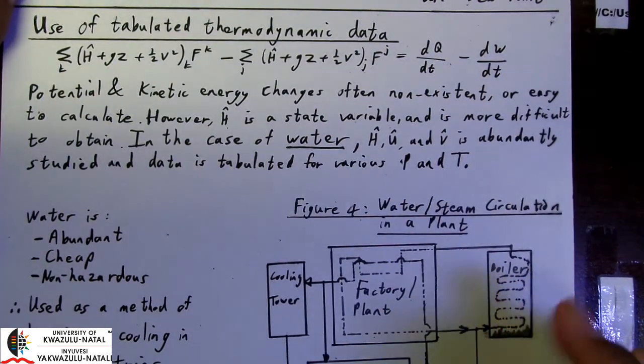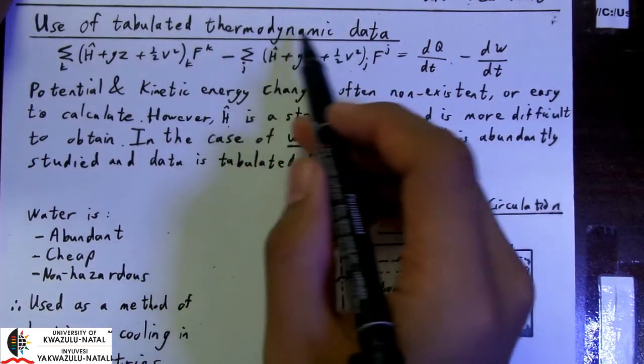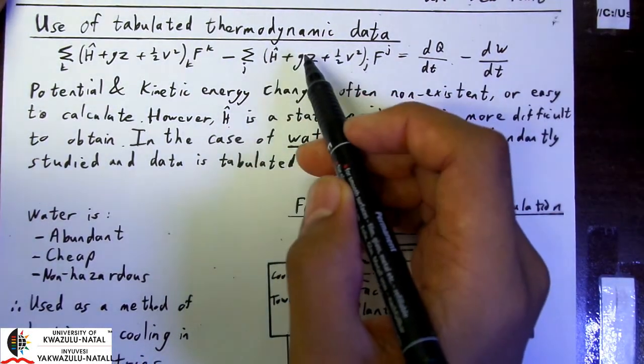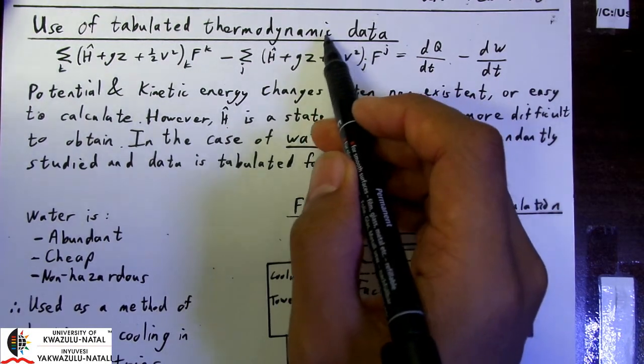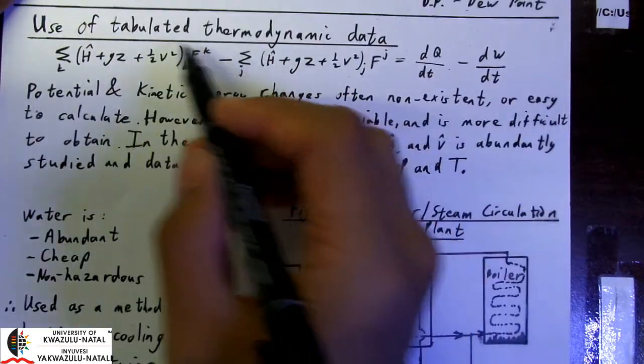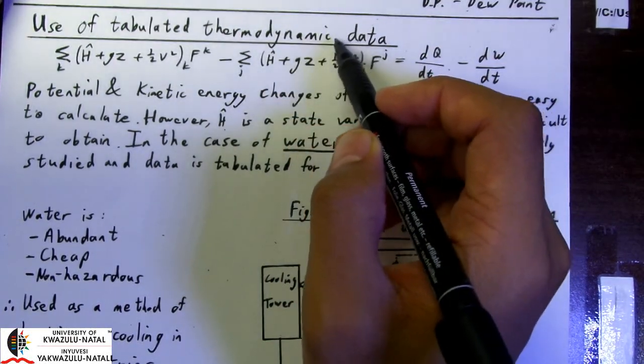Now we're going to talk about the use of tabulated data. Tabulated thermodynamic data does exist for various popular compounds, and we will look at how we can use thermodynamic data to solve energy balance problems.